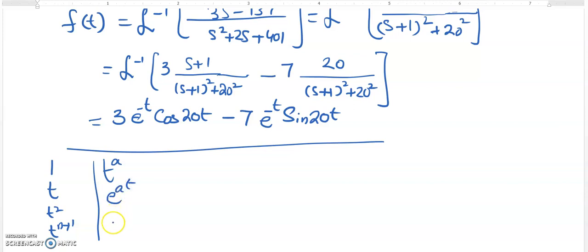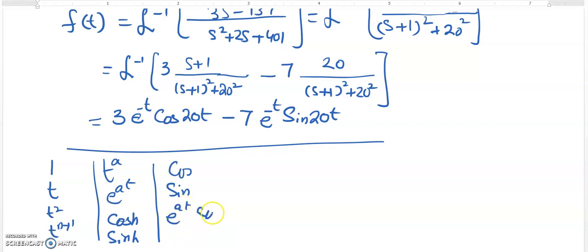We have found the Laplace transform of cos hyperbolic, sin hyperbolic, and of the cosine function and sine function. And then we have also found the Laplace transform of e power at times cosine, or e power at times sine function.